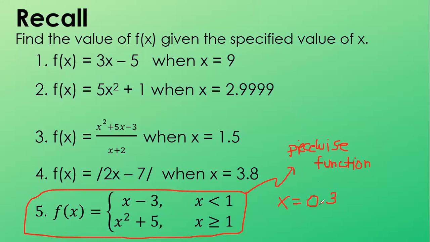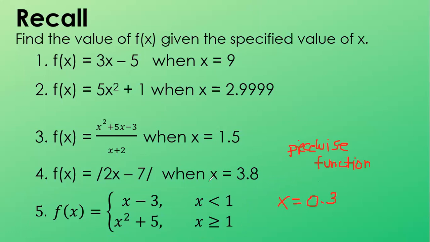So 0.3 will fall under our first equation in our piecewise function. So we will use x minus 3 because 0.3 is less than 1. So simply substitute: f of 0.3 is equal to 0.3 minus 3. That will give us an answer of negative 2.7.